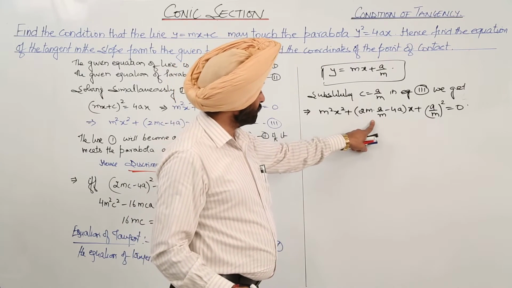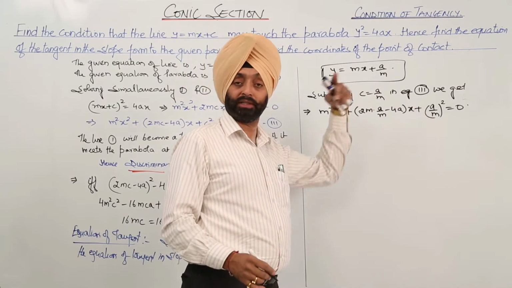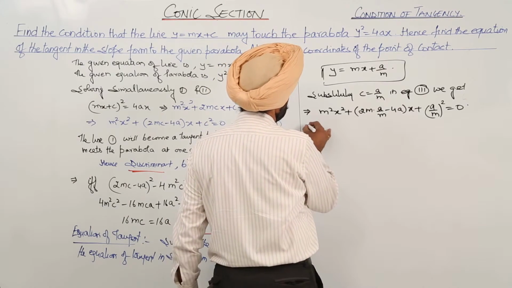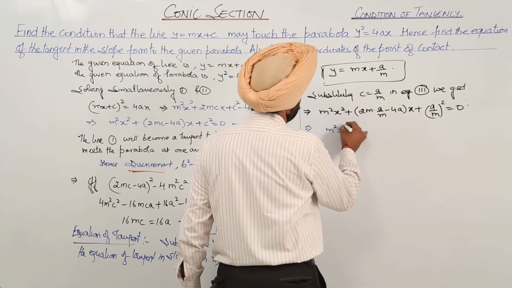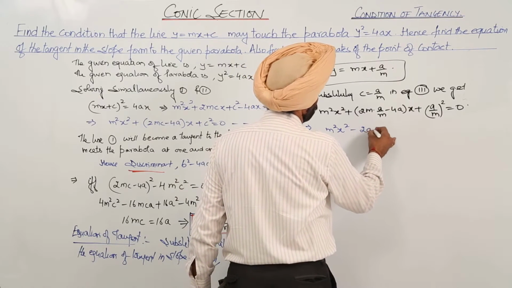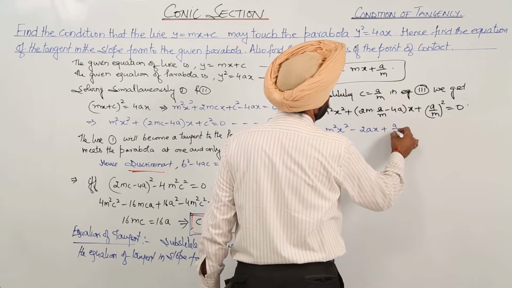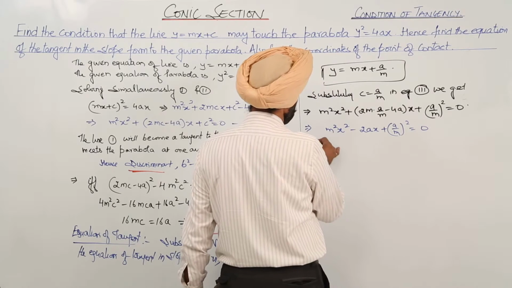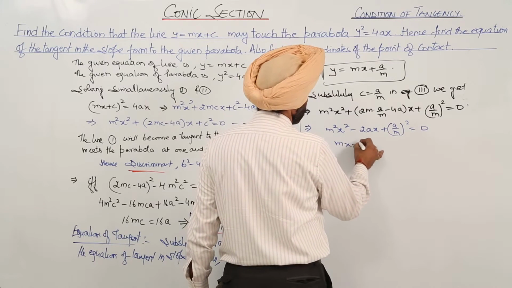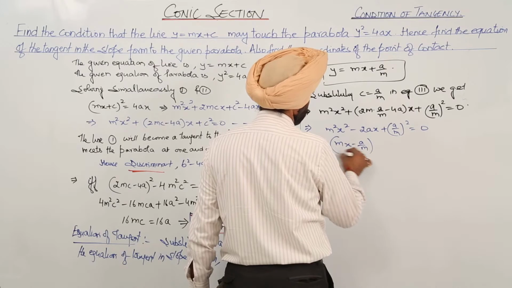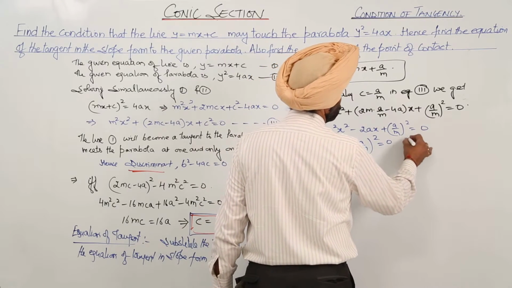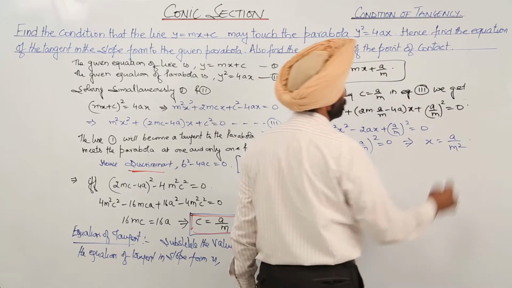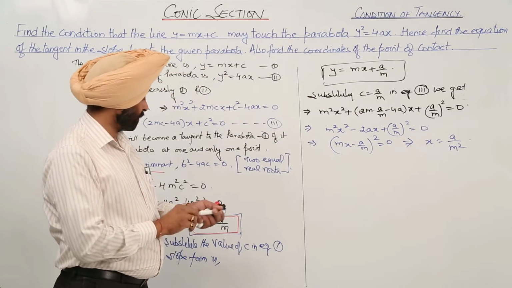Here m and m cancel, we are left with 2a minus 4a, that is negative of 2a. So this becomes m square x square negative of 2ax plus a upon m whole square is equal to 0, that is (mx minus a upon m) whole square is equal to 0, or we have x is equal to a upon m square. Is it clear?